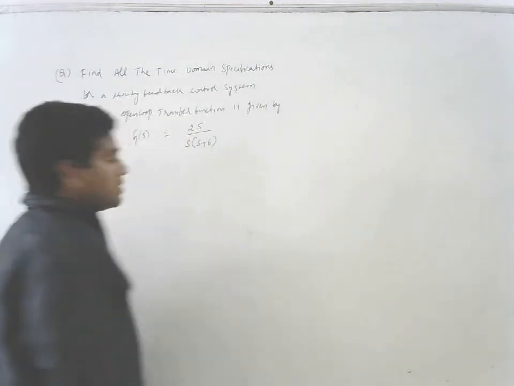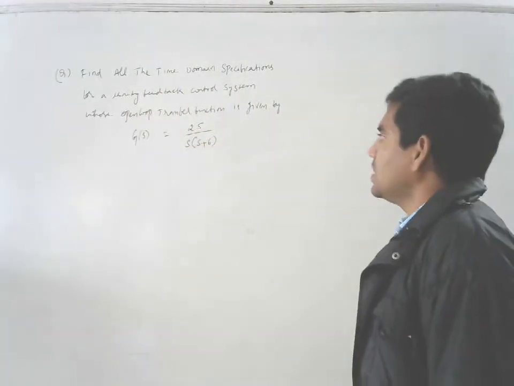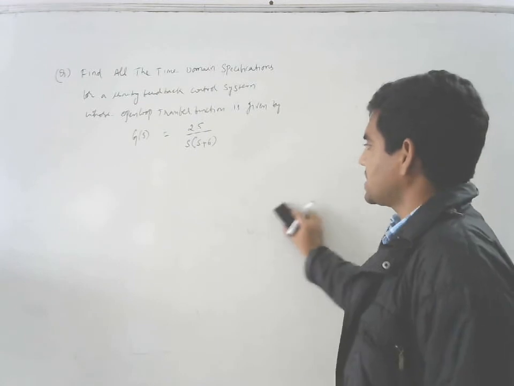This is the open loop transfer function. G of s is given 25 divided by s into s plus 6.